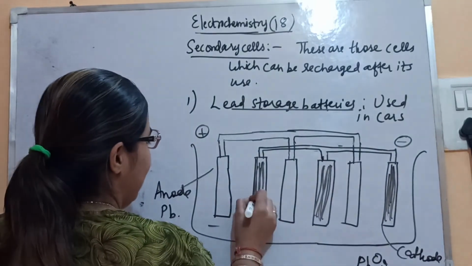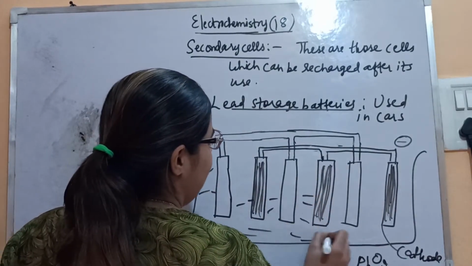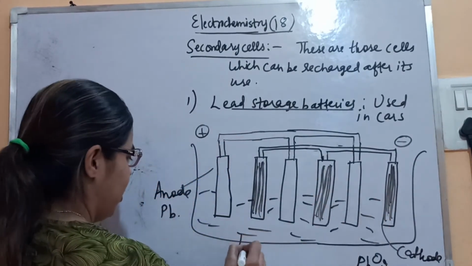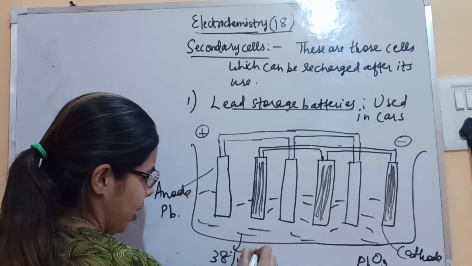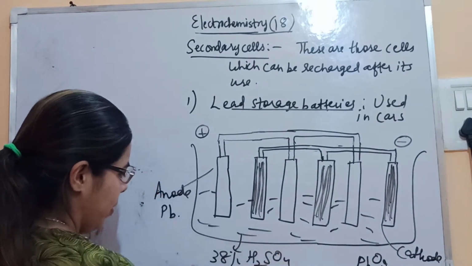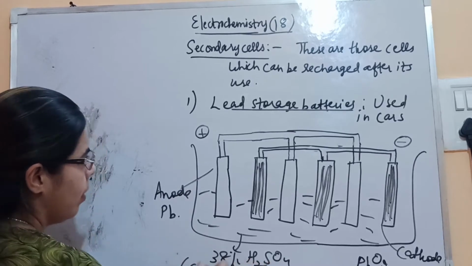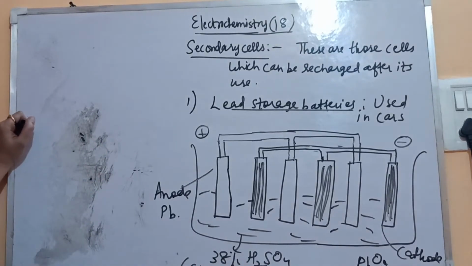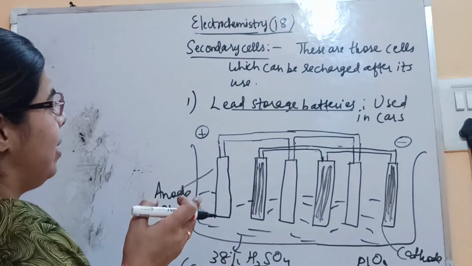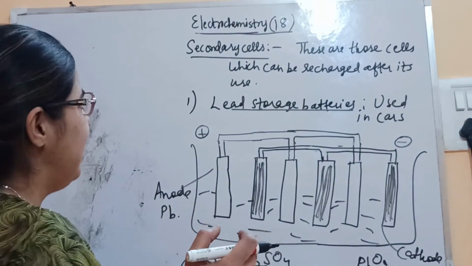The electrolyte is filled here, that is 38% H2SO4. This is the structure of the lead storage battery, how the cells are arranged. This battery is used in cars and automobiles.